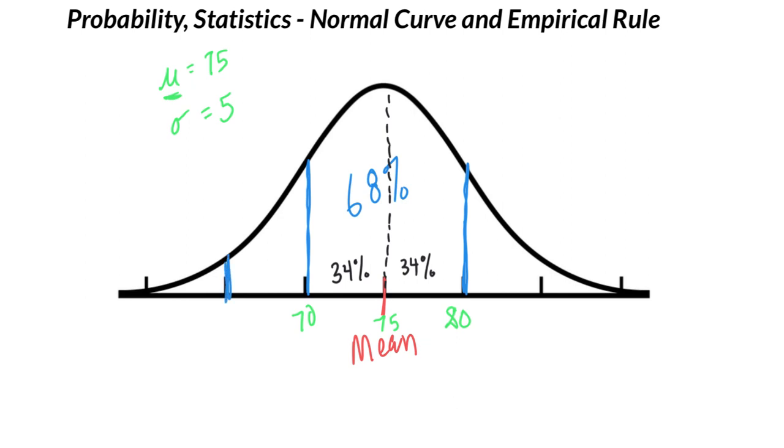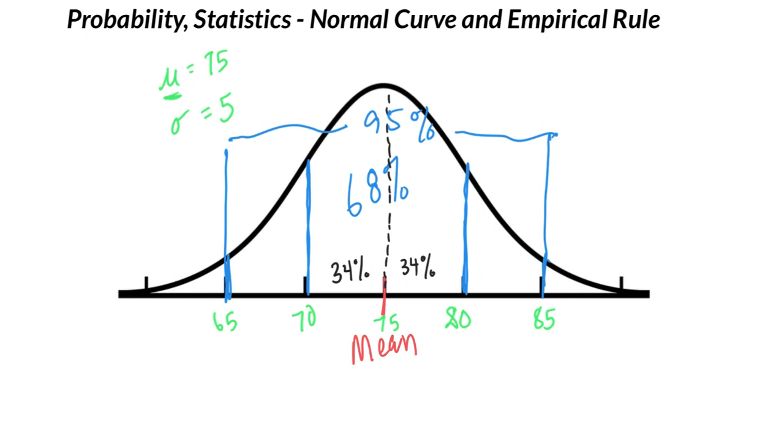If I went a second deviation out, so let me put those scores here. Again, 5 more points down, 5 more points up. Within those deviations lies 95% of all outcomes.